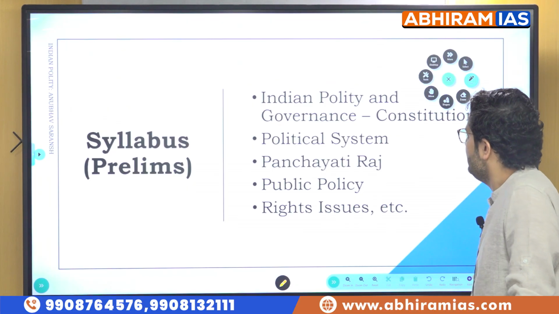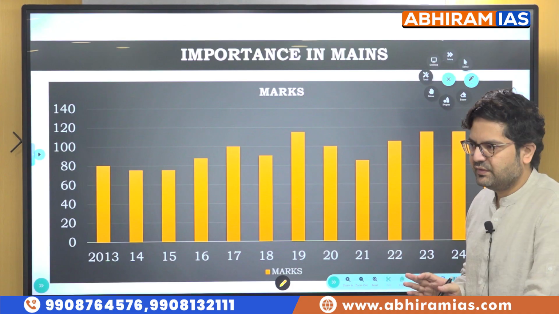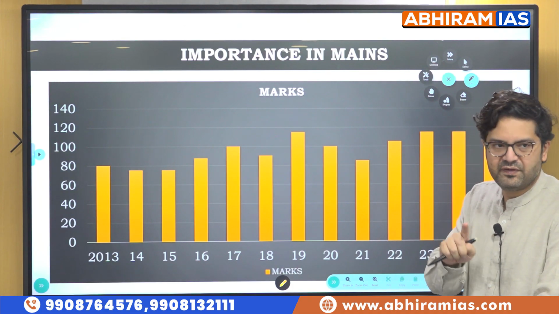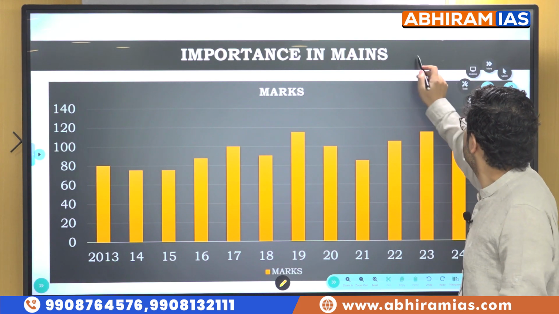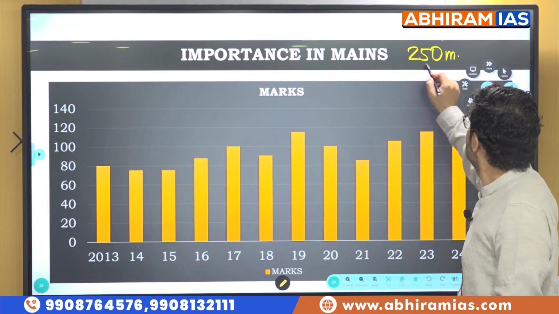In the main exam, you have around 100 marks worth of questions. So the main paper, that is the GS paper 2, has 250 marks. Is the point clear? So the total paper is worth 250 marks.